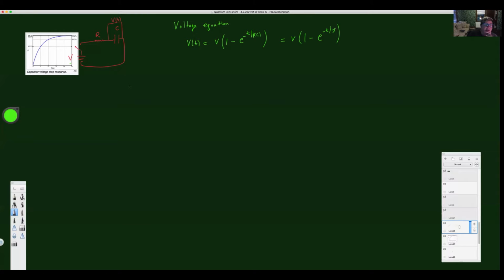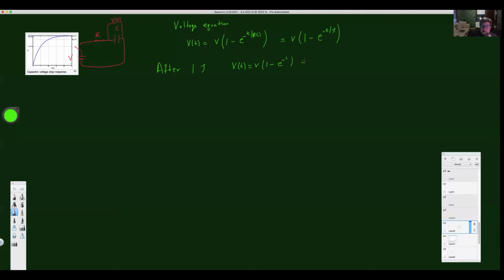There we go. So after one value of tau, so one value of RC, which is of course 1 RC, we get this. V of t is going to be V(1 - e^(-1)), because it's tau over tau.